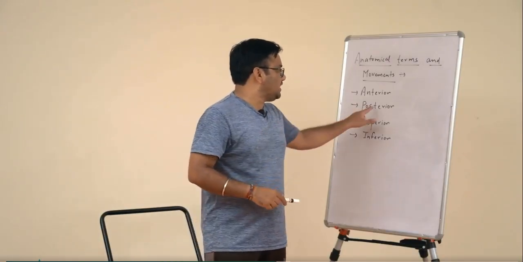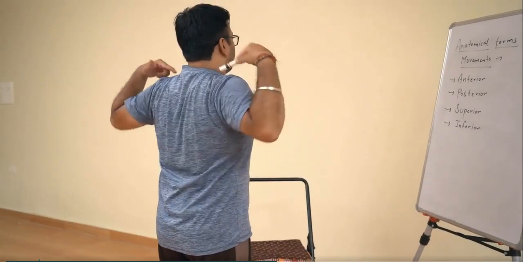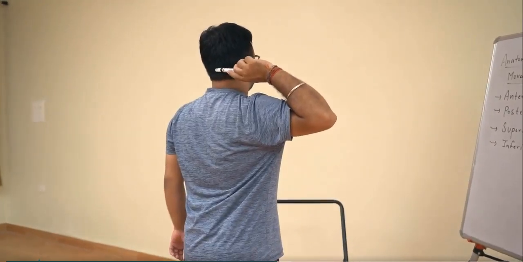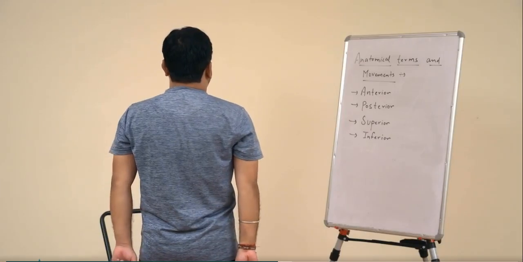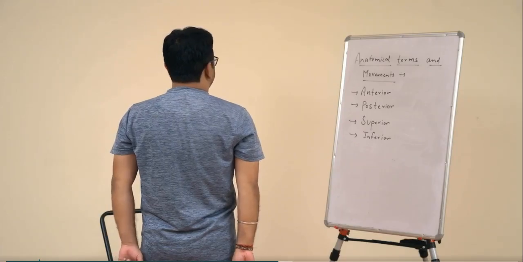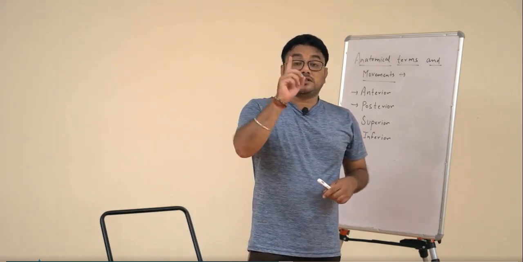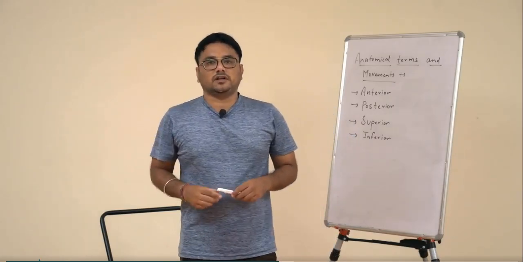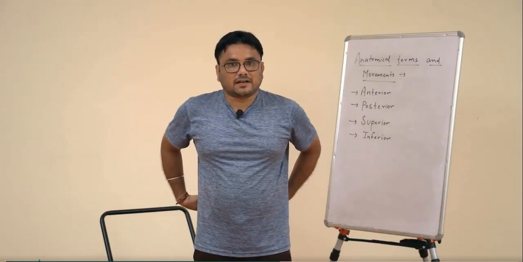Second, posterior, the structure that we look at from the back part of the body. On the back, I have this occiput here, the whole spine, my hips, the back part of my thighs, my calf muscles, my heel, that all comes under posterior. So anterior from the front, posterior from the back.